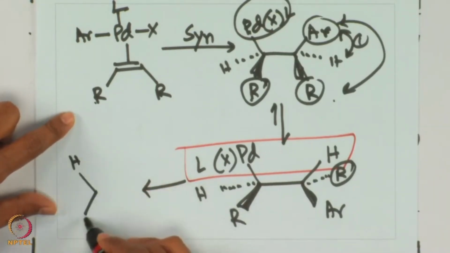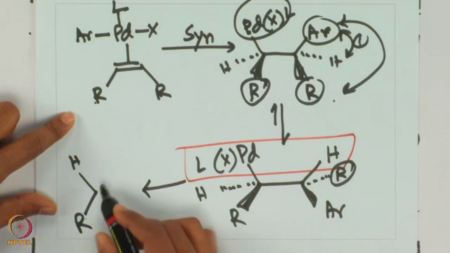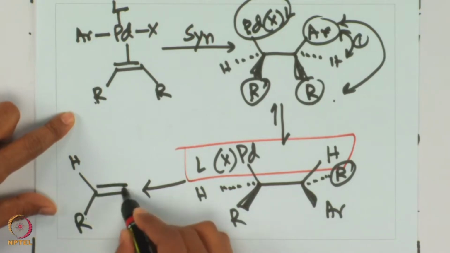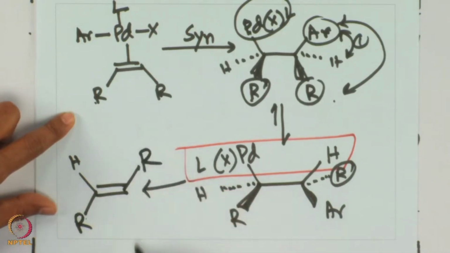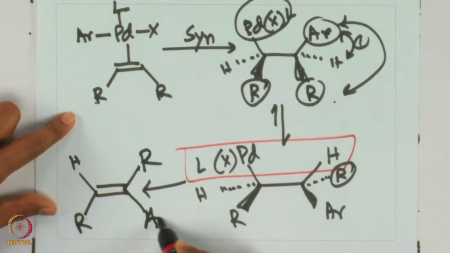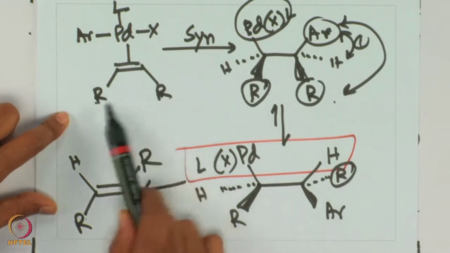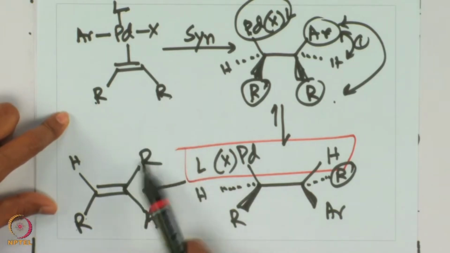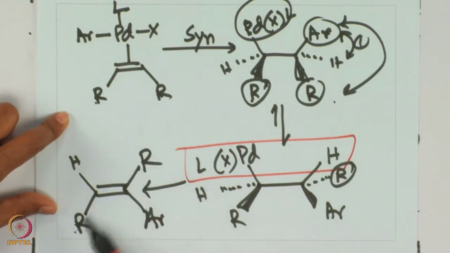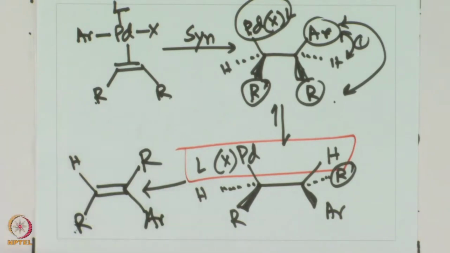So, this one is below the plane, this is above the plane, R is on this side, and the other R is on the other side, and the aryl group on the other side. So, what you see, you have started with R in the syn position. Now, in the product you see that the R groups are diagonally opposite to each other. So, that is actually the chemistry that we need to really understand.